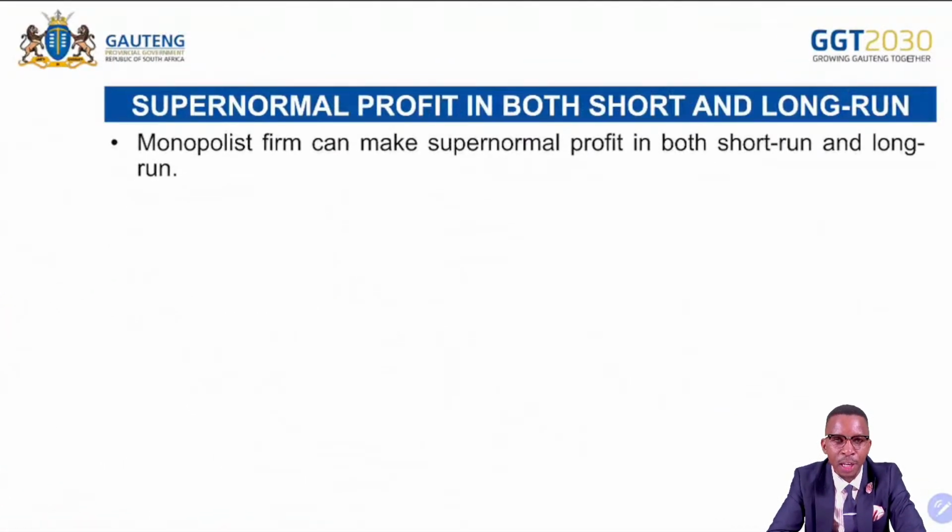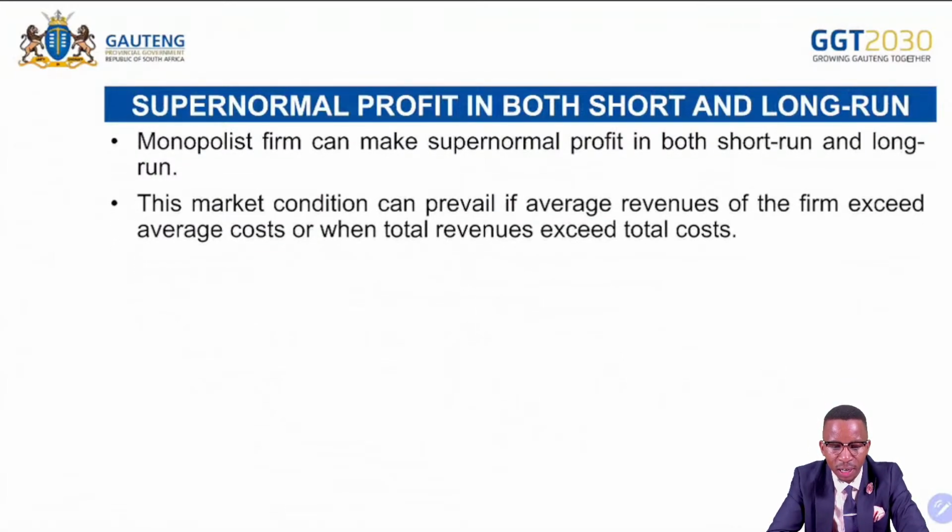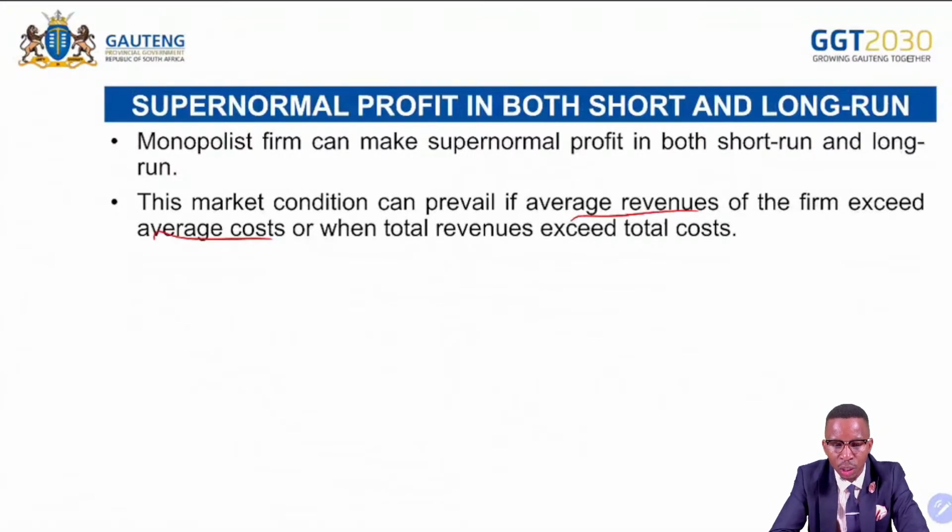And then the firm enjoys economic or supernormal profit in both the short run and long run if average revenues are more than average cost, or total revenues are more than total cost. This market condition can prevail if average revenues of the firm exceed average cost or when total revenues exceed total cost.